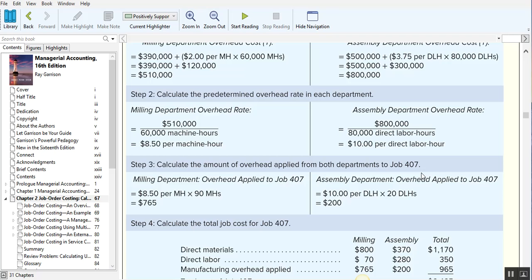We're going to say $10 per direct labor hour times 20 direct labor hours used to manufacture this. So you're going to come up with manufacturing overhead based on direct labor hours.